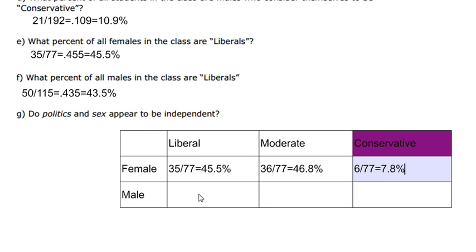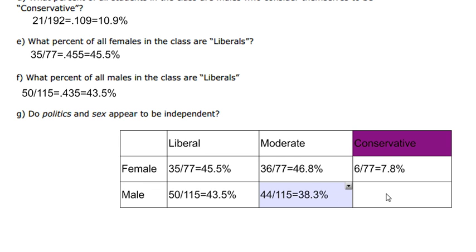Now I go to the males. We already found the liberal males. We did 50 divided by 115, and that gave us 43.5%. Moderate, there were 44 males that said they were moderate, so 44 out of 115, and that was 38.3%.